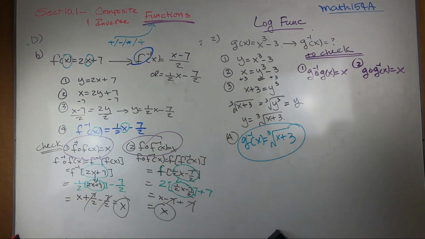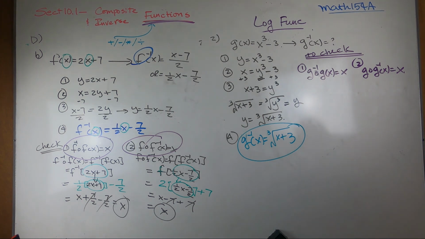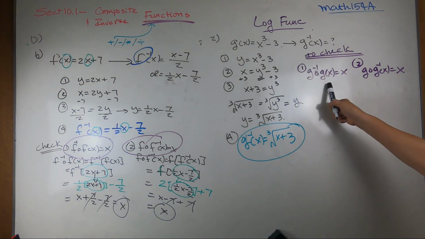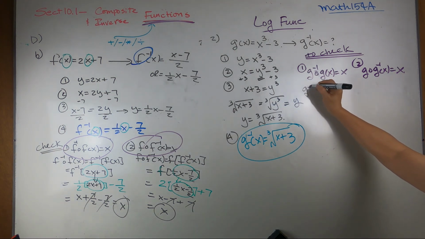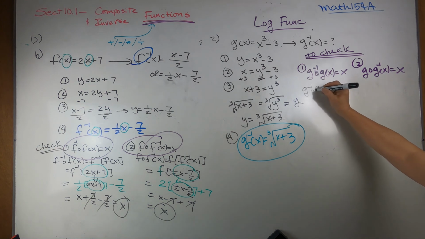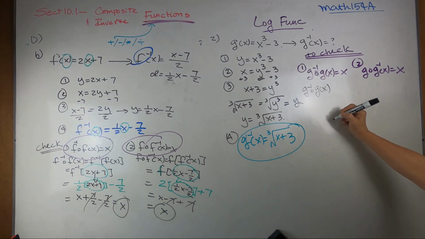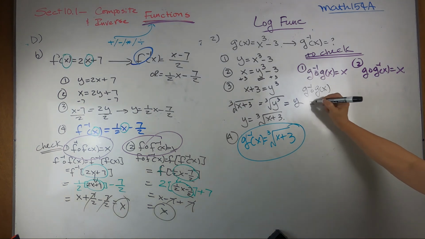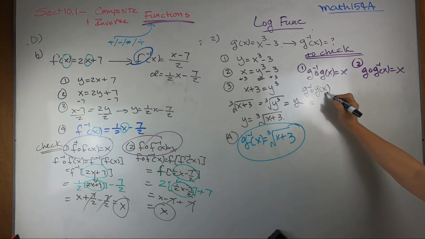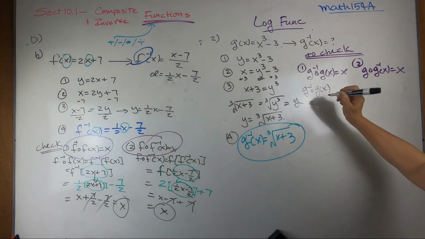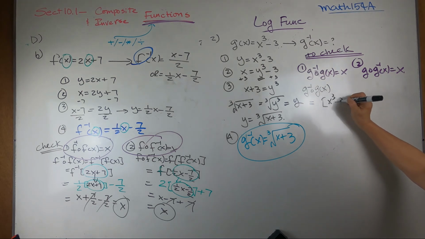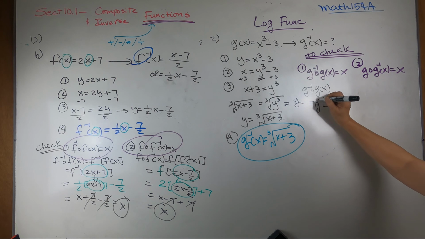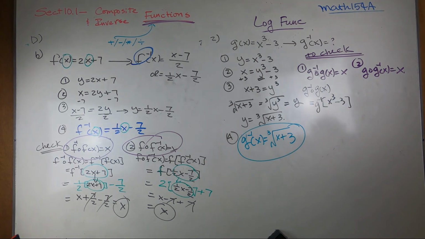We need to check those. Okay? So first, let's do this one. So what do we have? G inverse of g of x, right? So you will do g of x first. That's this one, x cubed minus 3, then put that into G inverse.